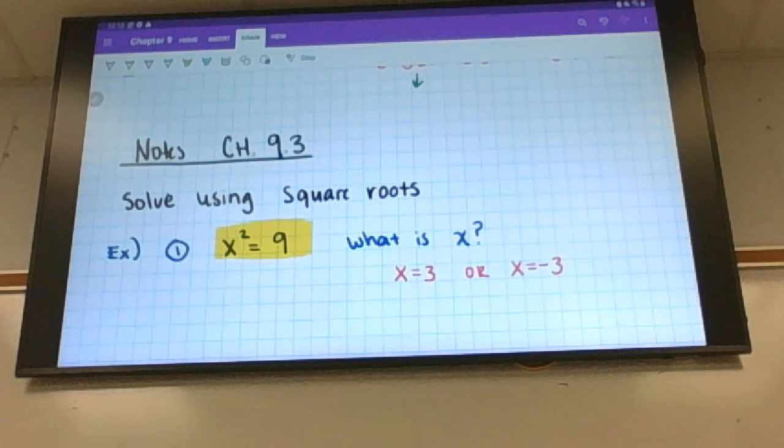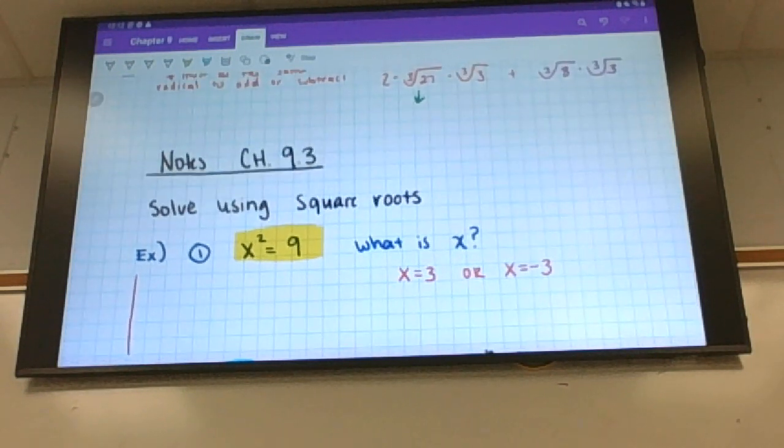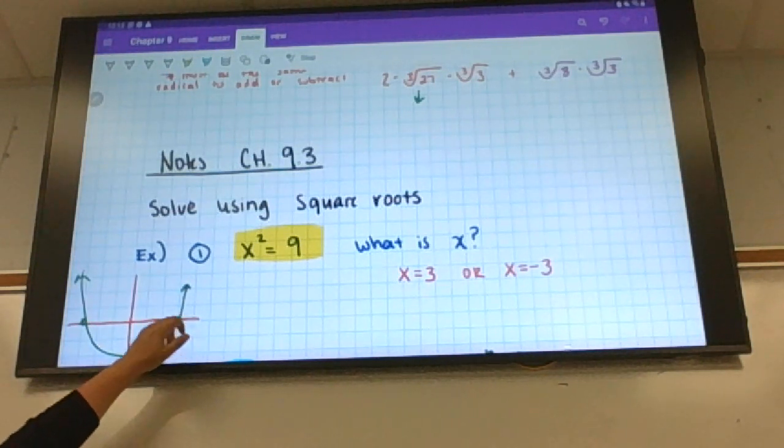Negative 3 times negative 3 is positive 9. So we end up with an answer of 3 and negative 3.